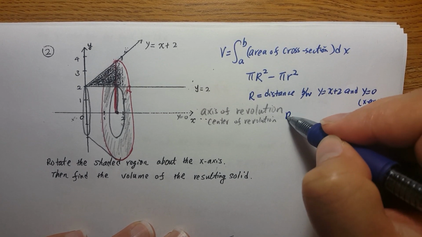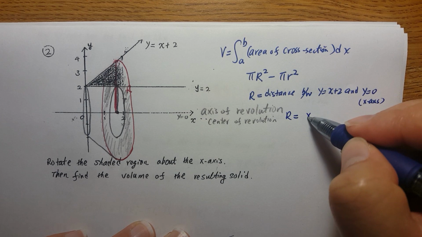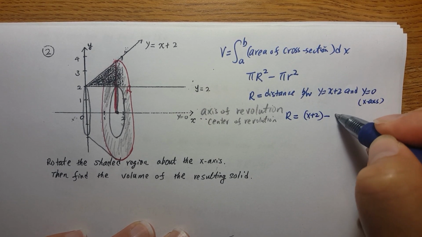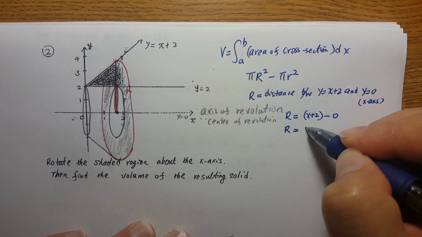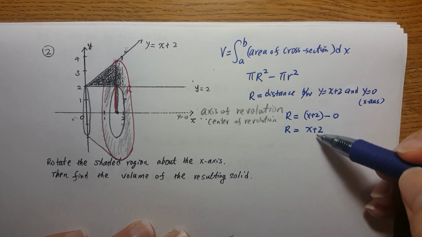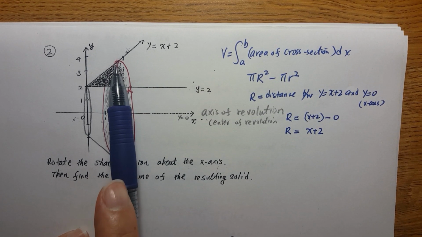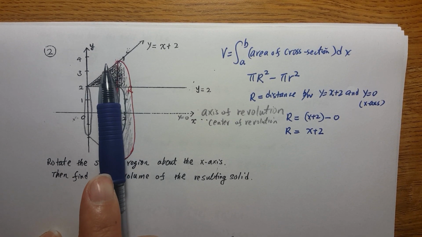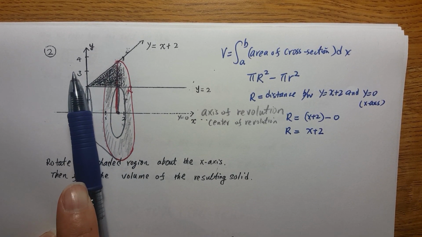So big R equals x plus 2 minus 0, so big R equals x plus 2. That's why we said that R is a function of x. It changes as you go this way.